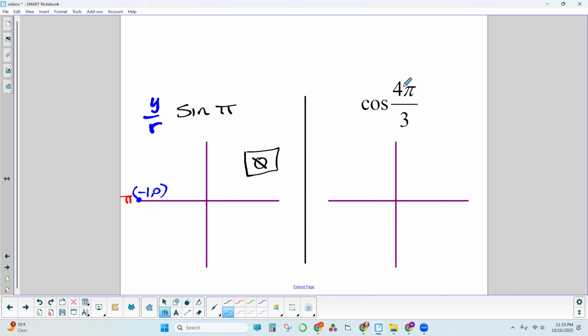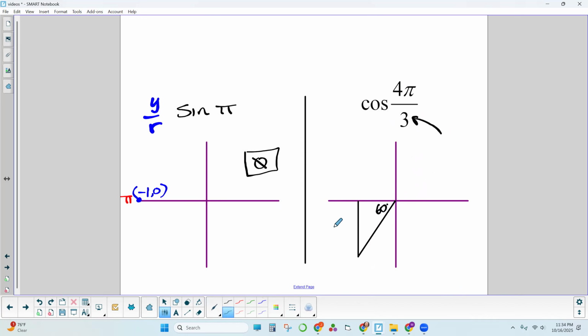All right, cosine at 4 pi over 3. 4 pi over 3, positive angle, past pi, right? Because pi is 3 pi over 3. So a third past that brings us down here into the third quadrant. I'm going to draw my special right triangle. The thirds tell me my reference angle is 60. So the 3 corresponds to a reference angle of 60 degrees.